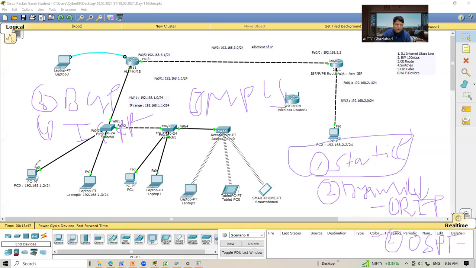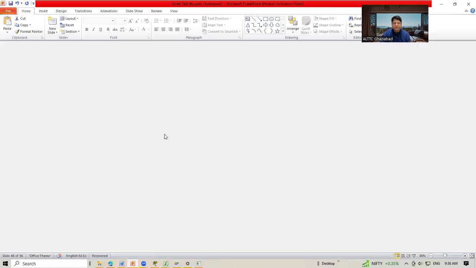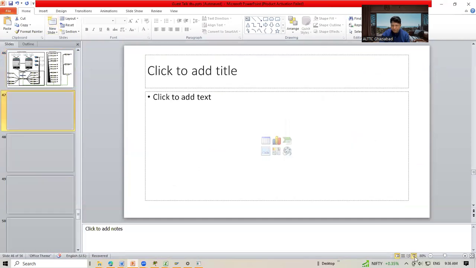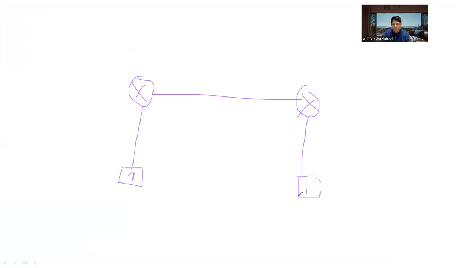Okay. So now, my diagram is here. This is one router and this is one router. This is one network, this is one network. Here is one computer and another computer.